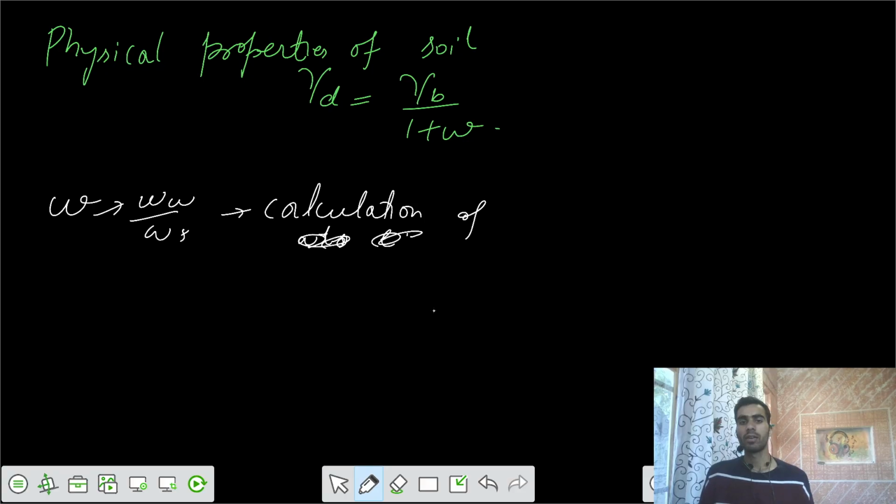Weight calculations are more accurate than volume calculations. So if you have calculated the water content, it would be a very accurate value.